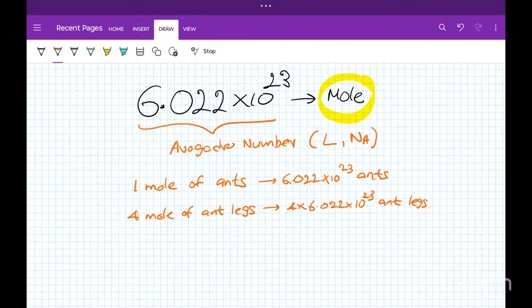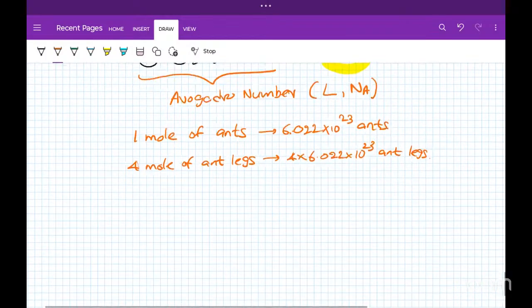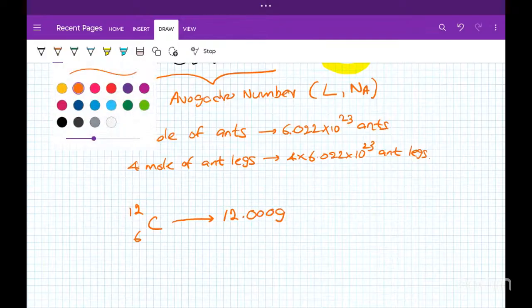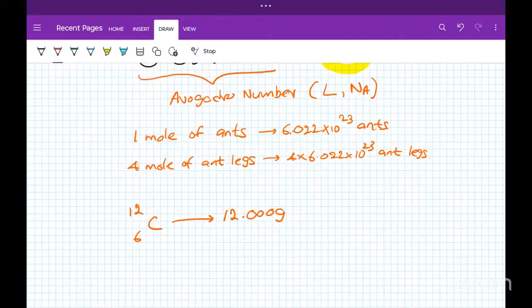This carbon-12 atom is a pretty special one, because if you take exactly 12 grams of carbon-12 and count the number of atoms in this sample, it has been found that it has 6.022 × 10^23 carbon-12 atoms.